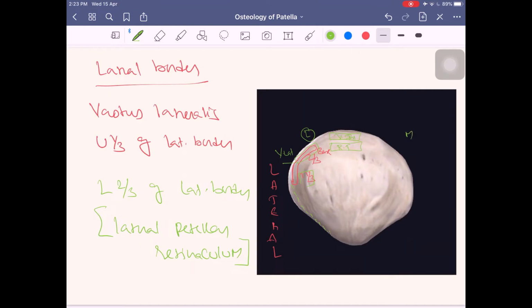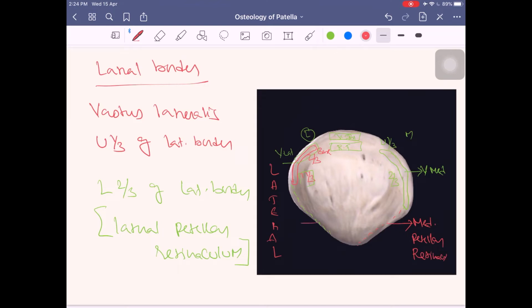Similarly on the medial side you will have now a muscle. Now this is exactly opposite of the lateral one. So this is the medial. So this muscle is vastus medialis. You see your upper 1/3 is inserted to the base, whereas your lower 2/3 is inserted to the medial border, and the remaining part is your medial patellar retinaculum.